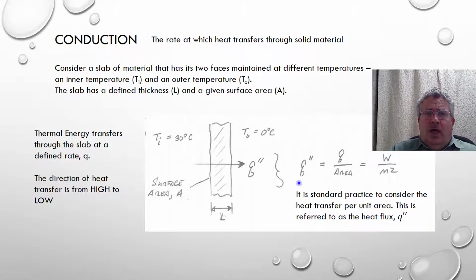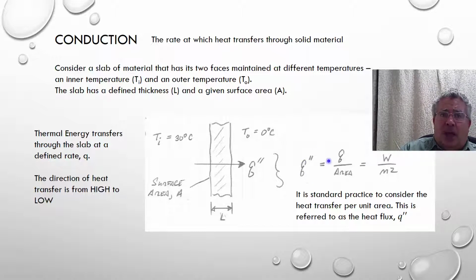So what we define as a heat flux: we have a heat rate Q, but if we have a set surface area, then we can divide the heat rate by area, and we will get what's referred to as an energy flux, or a heat flux.